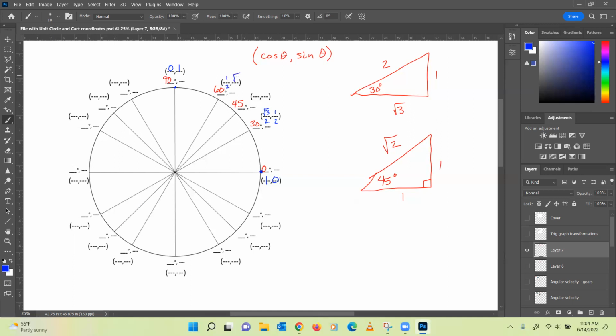The sine is √3/2. For 45 degrees, both sine and cosine are 1/√2, which we would rationalize to √2/2. We've already talked about that in our previous video. So now we have the ordered pairs for all of those in the first quadrant. That's covered.